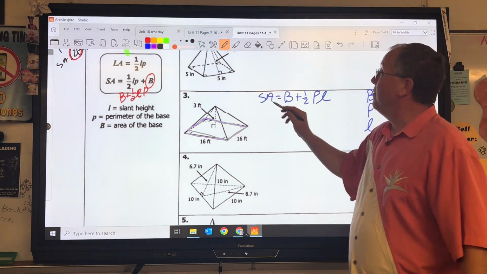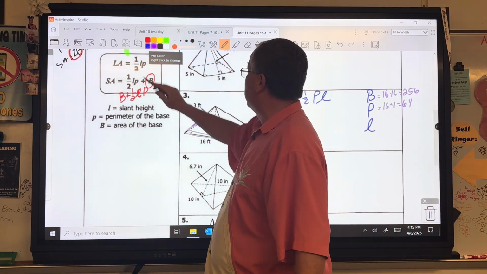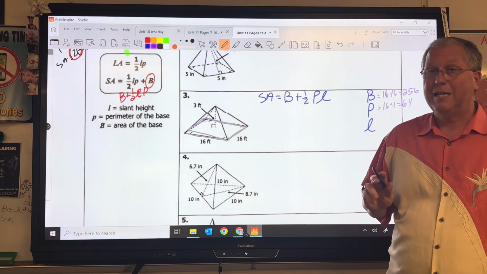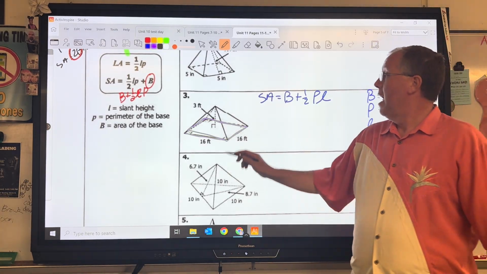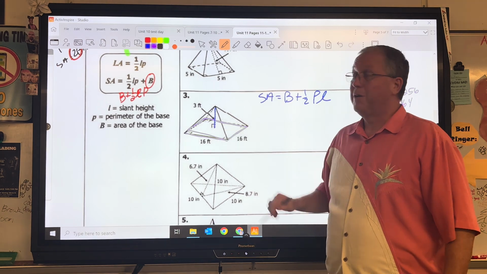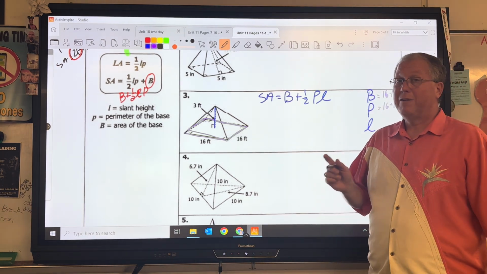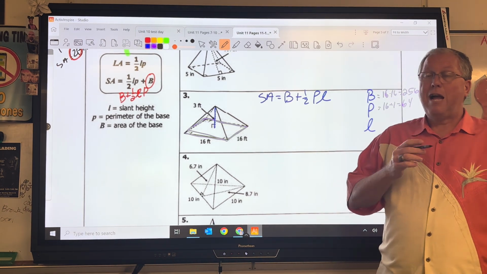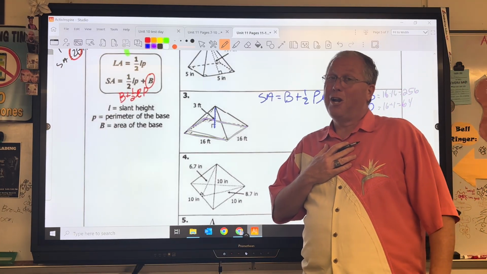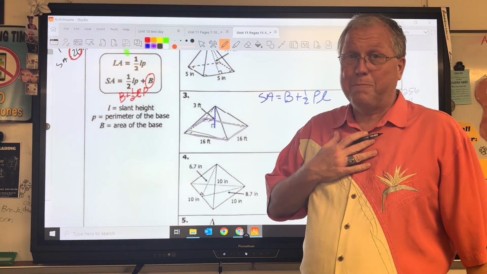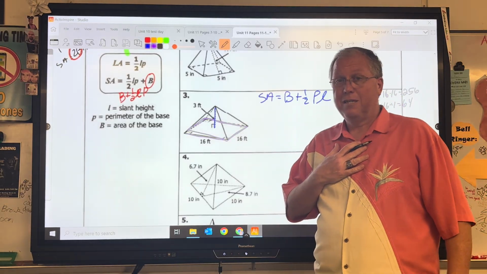My slant height, which is usually the easiest part to find, is a problem because I don't have a slant height. I have a height right there, which is 3, but I don't have a slant height. So how do I find that? Well, sorry, but it's back. It never left us.